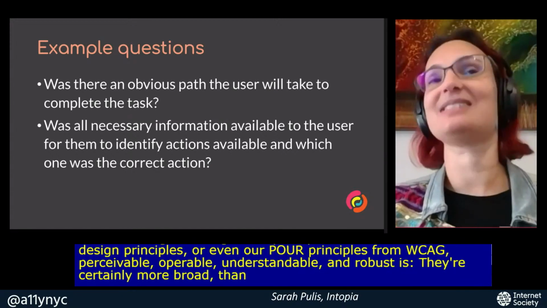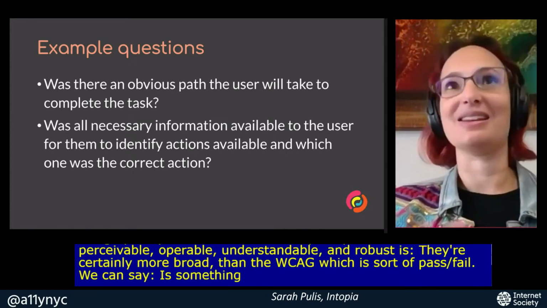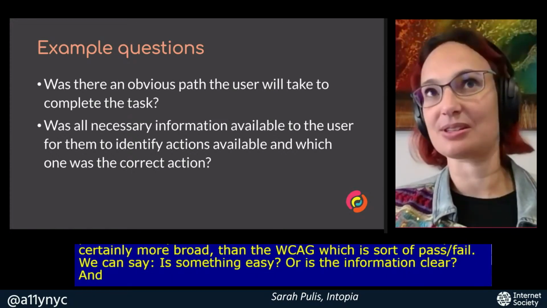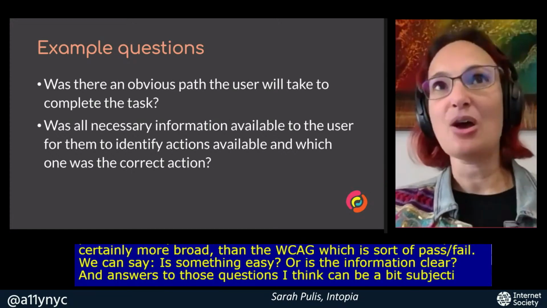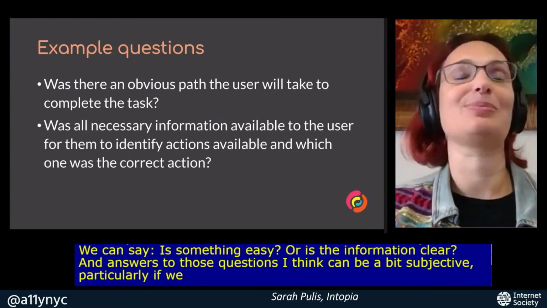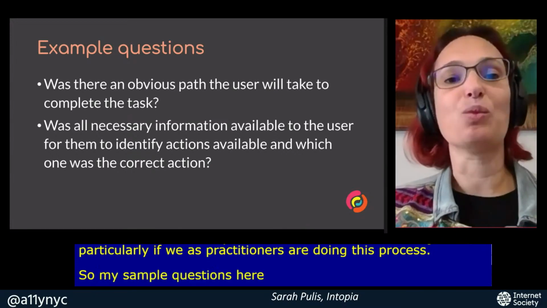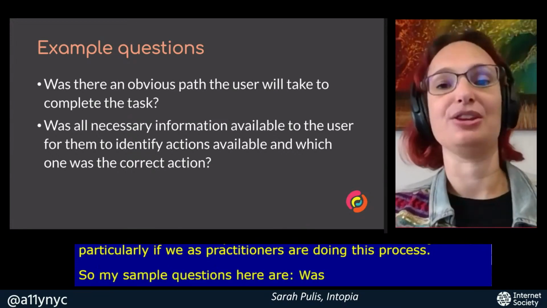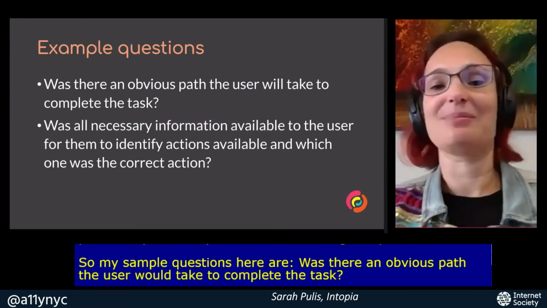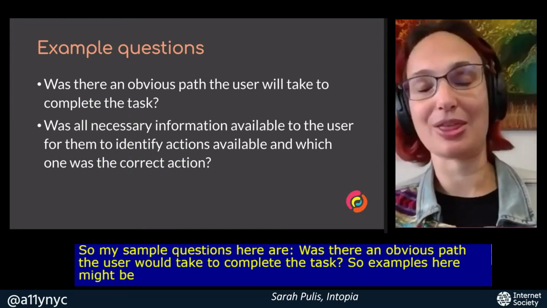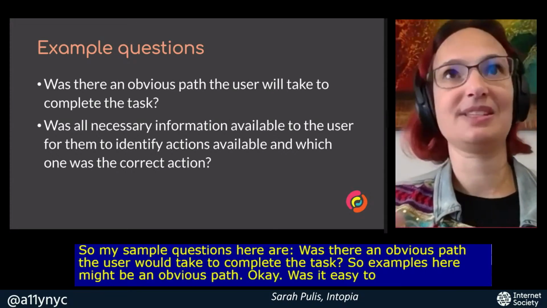We can say, is something easy, or is the information clear? And answers to those questions, I think, can be a bit subjective, particularly if we as practitioners are doing this process. So my sample questions here are, was there an obvious path the user will take to complete the task? So examples here might be an obvious path. Okay, was it easy to see the button?